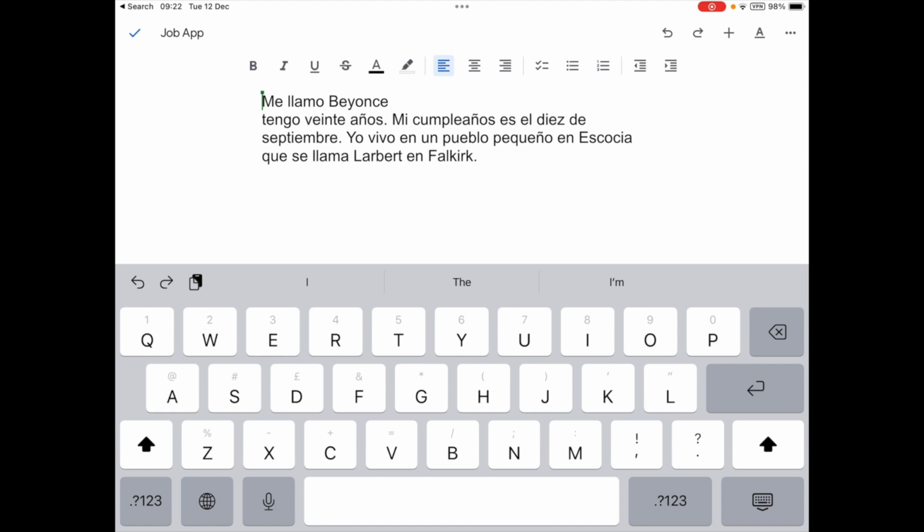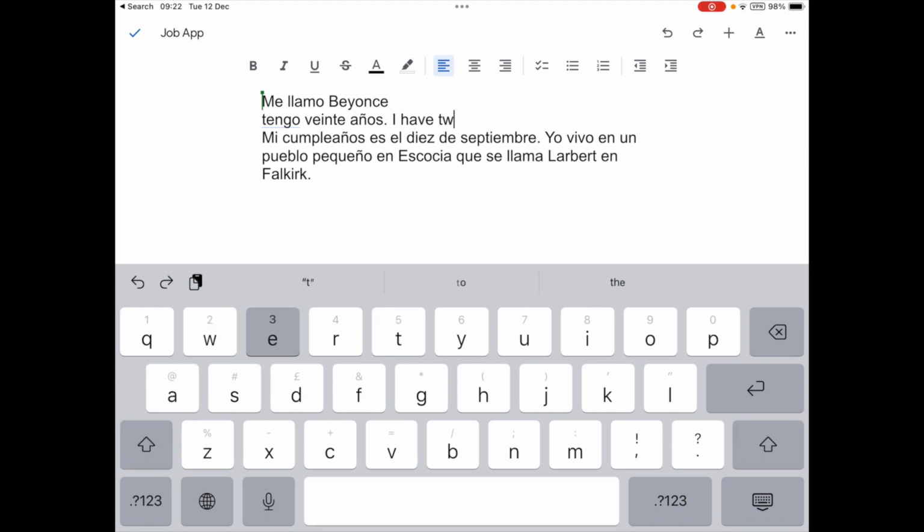I have 20 years. Now, depending on how your knowledge is, if you knew tengo was I have and años was years, you could keep that all together. And you could have I have 20 years.